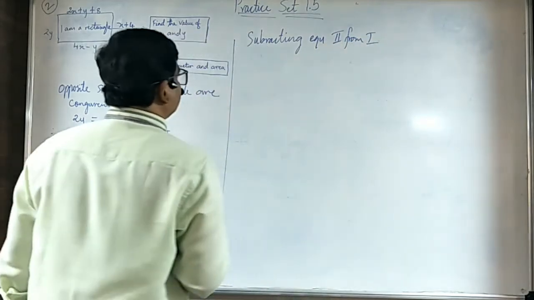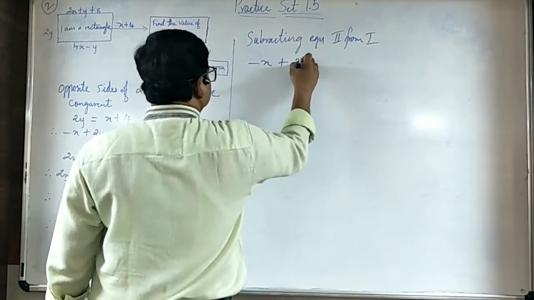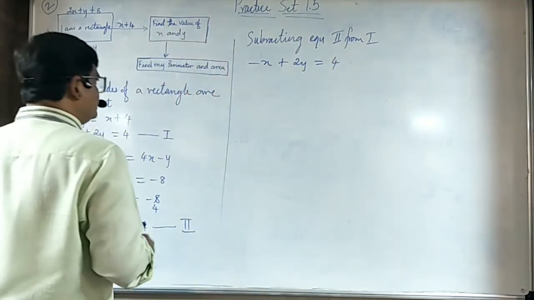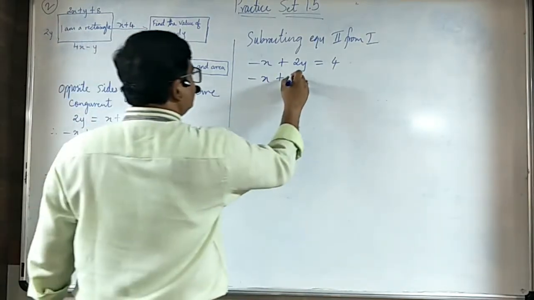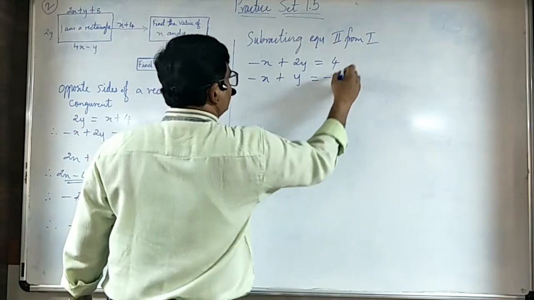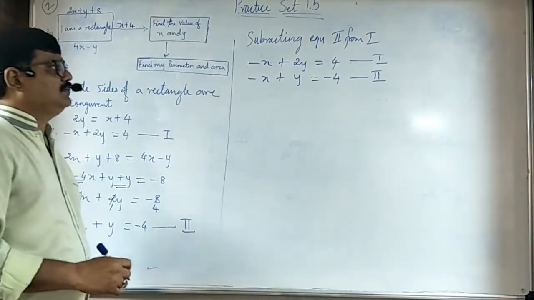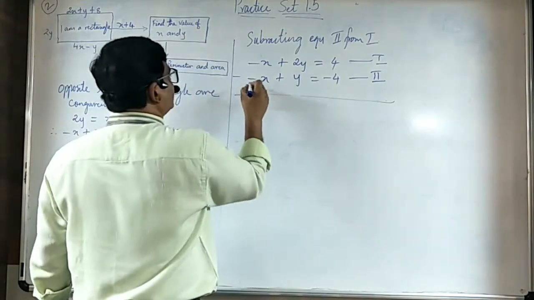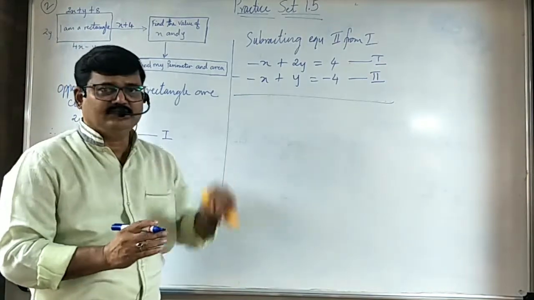Minus x plus 2y is equal to 4, minus x plus y is equal to minus 4. This is my equation number 1 and this is my equation number 2. When I subtract, I have to write a minus sign, and the sign of the second equation will change.